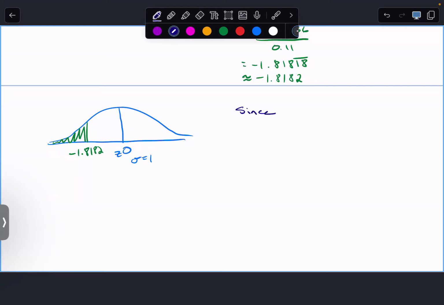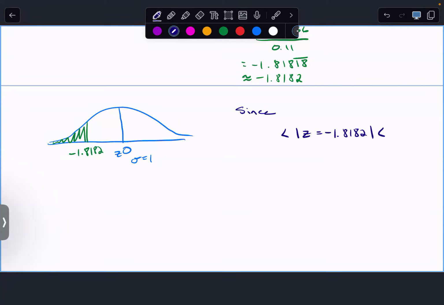I'm going to start with "since", just because in math we always say this. And then I'm going to put my Z in absolute values in the center. Since the absolute value of Z equal to negative 1.8182 is between 2 values.